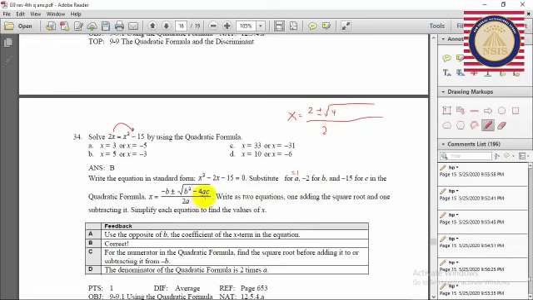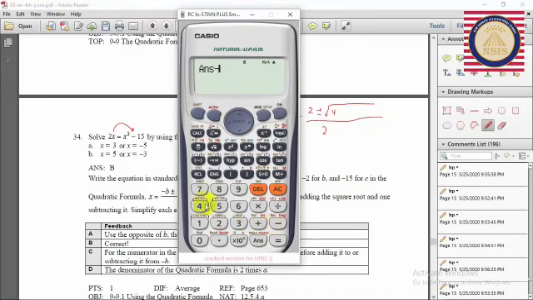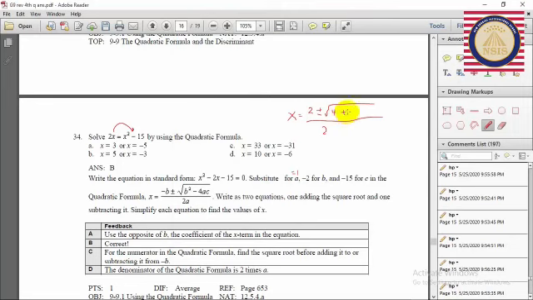Minus 4a c, a is 1, so negative 4 times negative 15, which will be 60. So plus 60.